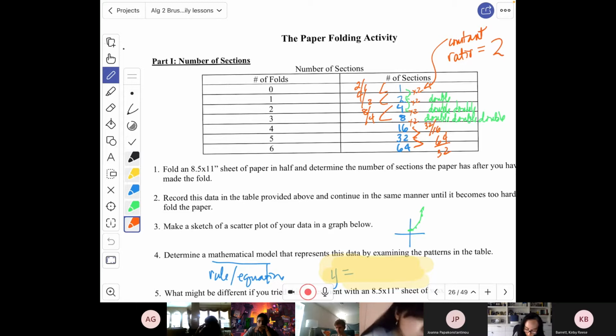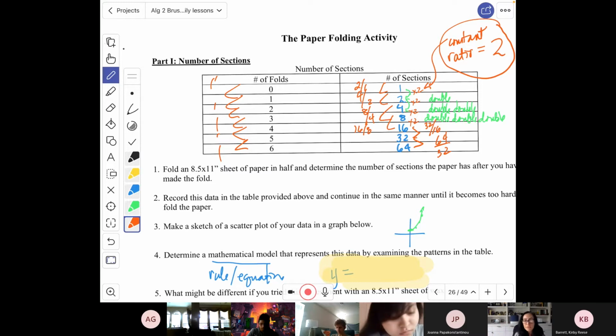So do you see how if I perform the division for any set of consecutive output values where our inputs are consecutive integers, this is all 1. If I do the division, I get a constant ratio of 2. If you see a constant ratio, that is your clue to another family of functions.